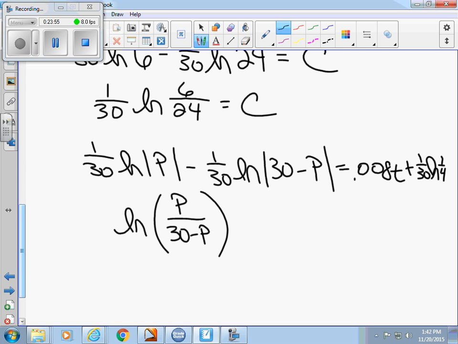You could have told that from the slope field. So because of that, I don't have to worry about the absolute values at this point. What is 30 times 0.008? 0.24T plus natural log of 4th. You might hate me after this.